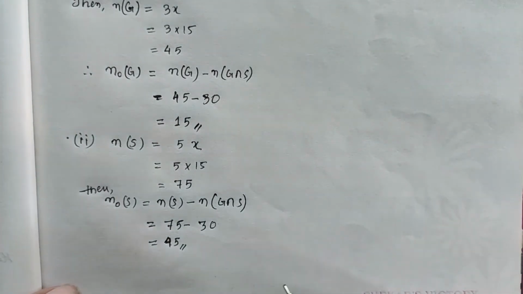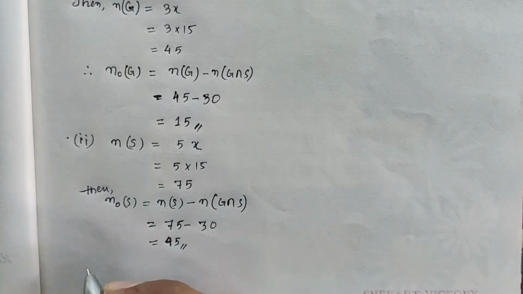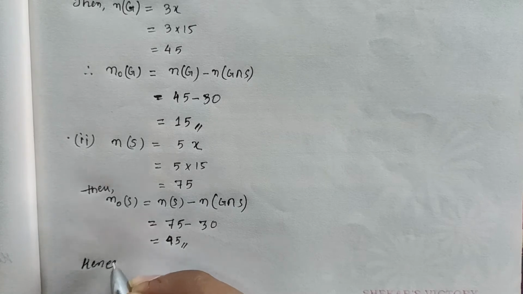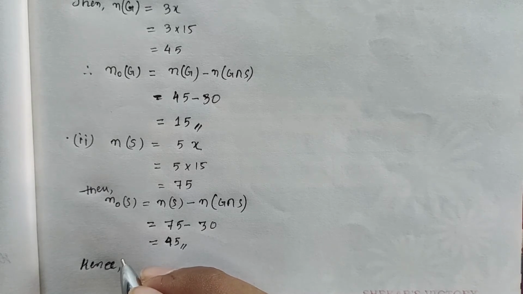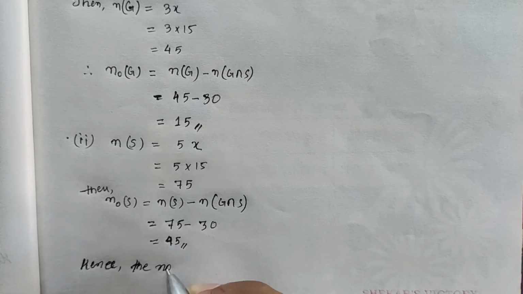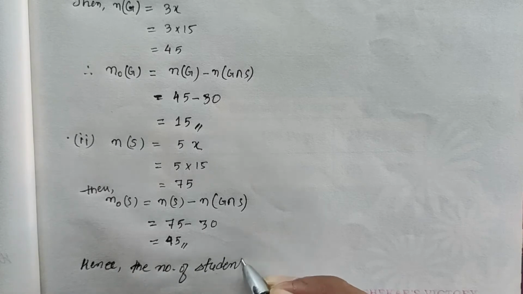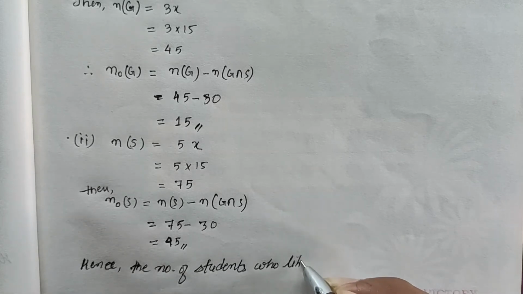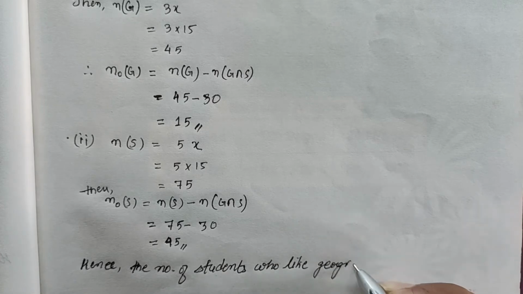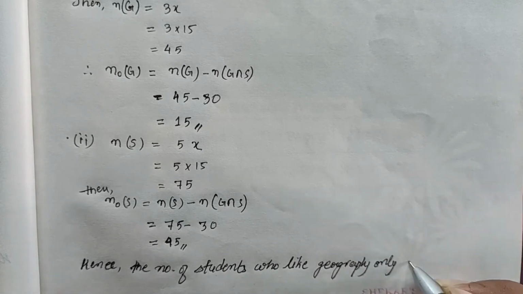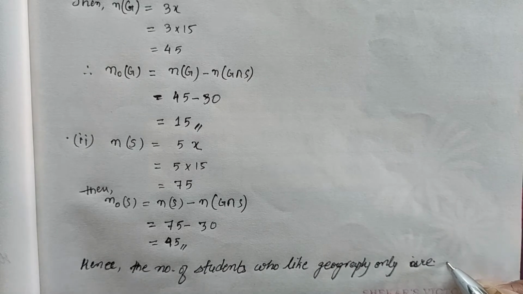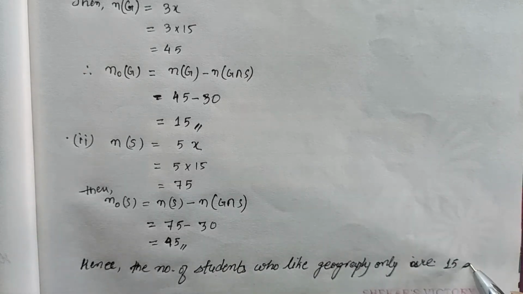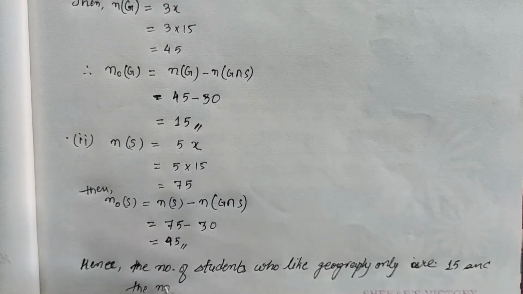So now write the conclusion part. So the conclusion is: hence the number of students who like geography only is 15, and the number of students who like sociology only is 45.